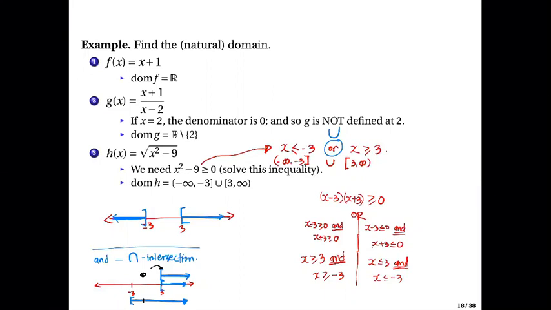But if I get my x in here, I also get this x here. So this x is both on this ray and on this ray. So basically, we just intersect this ray with this ray, and the result is just x greater than 3.